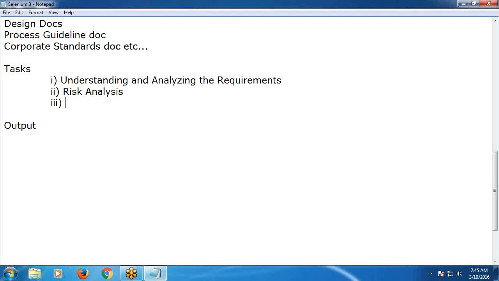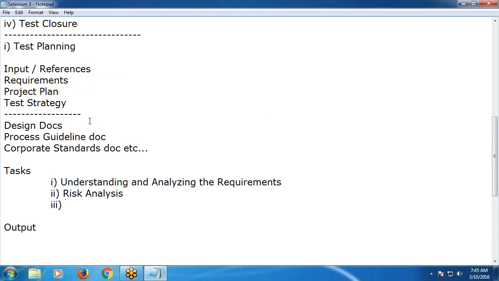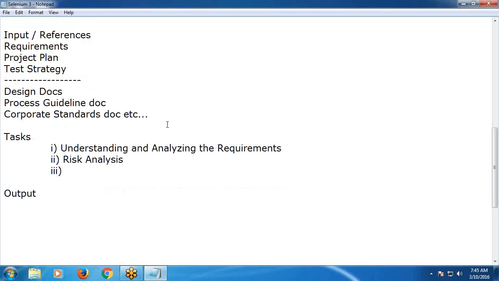Next, test strategy implementation. Test strategy is a company level document. It describes all test levels and test types and how to conduct testing in every test level, etc. Here we adopt the test strategy for our project.